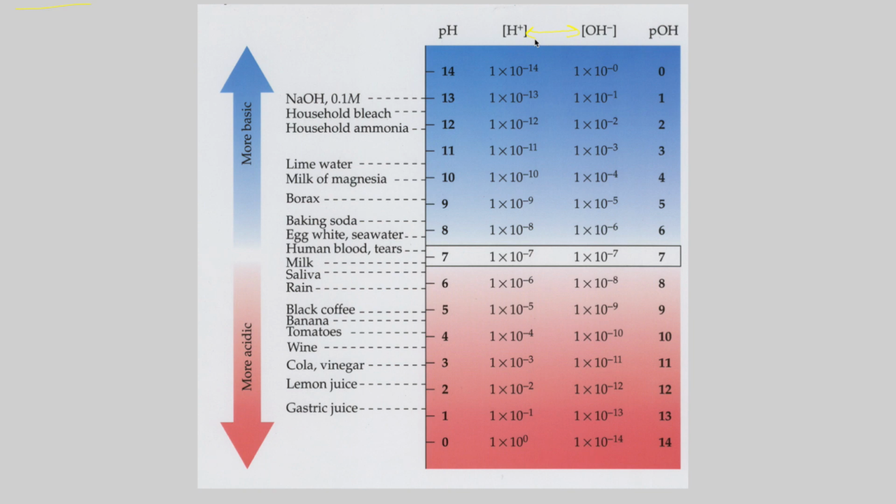But in all cases, when you take this and multiply it by that, what do you get? 1 times 10 to the negative 14th. So this is your KW expression. Hydrogen ion concentration times hydroxide ion concentration is KW. So multiplying these together will always give you 1 times 10 to the negative 14th.